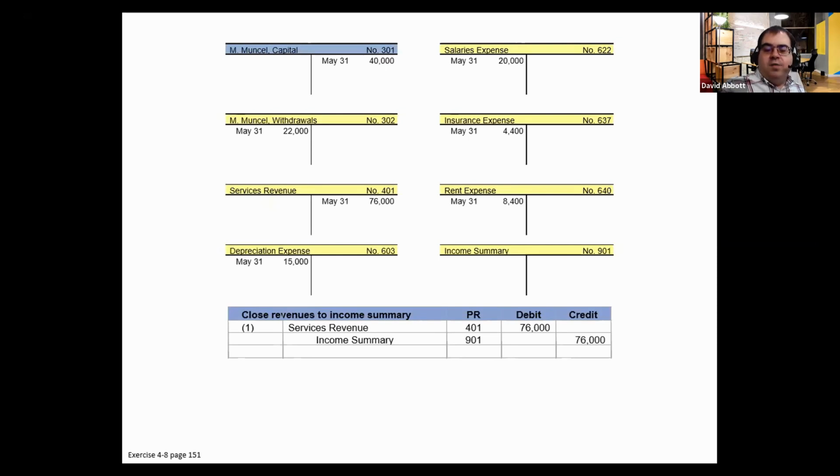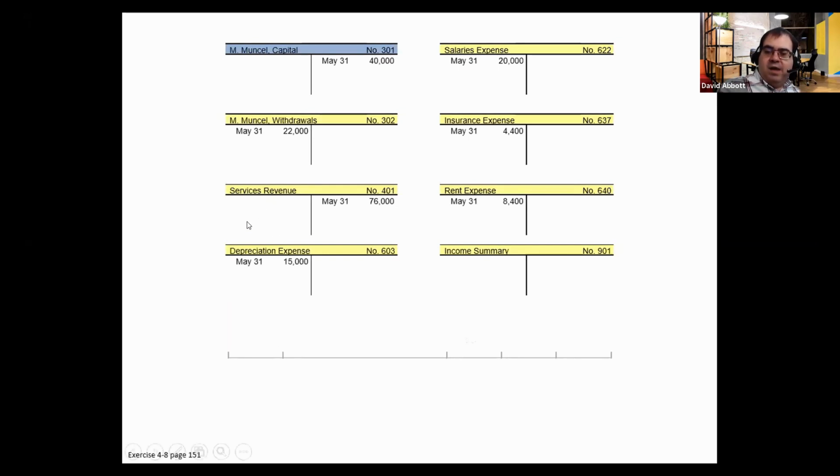So you'll debit service revenue $76,000 because normally that has a credit balance, so that would clear this account, and then you will credit the income summary account. Now we see that that account has a zero balance.